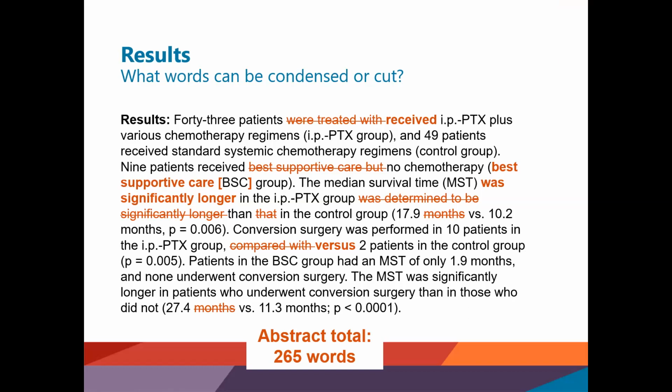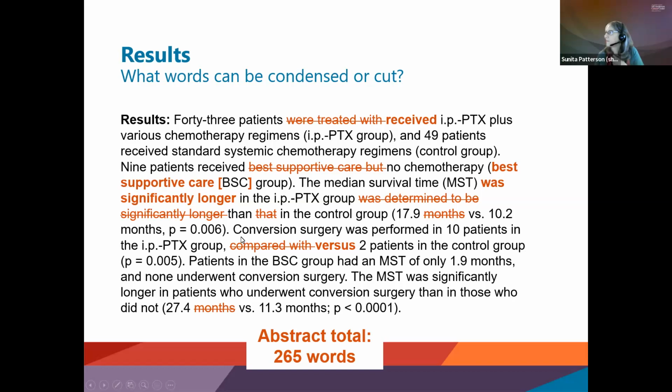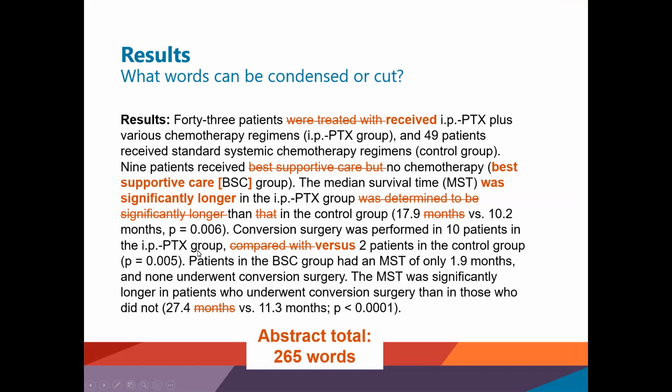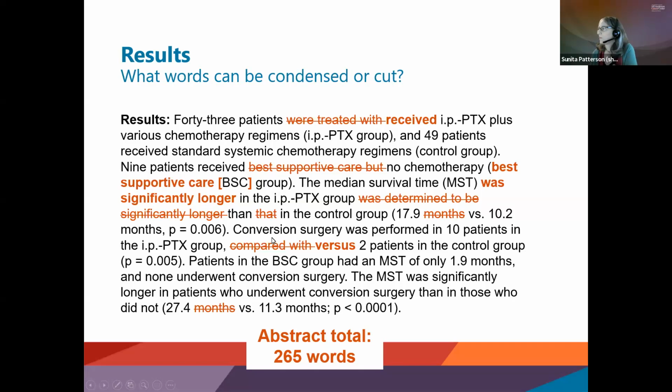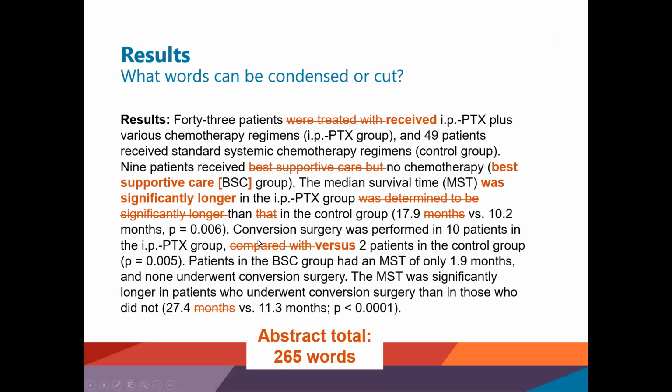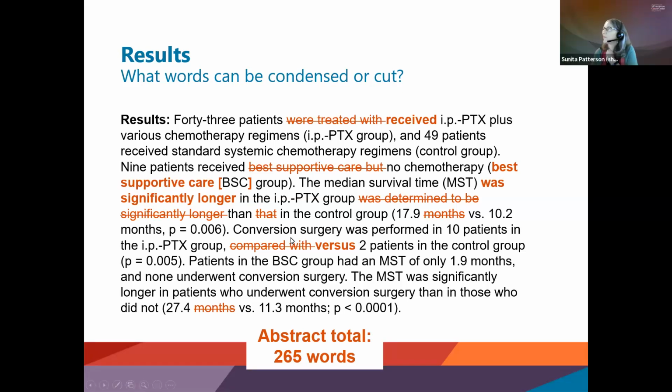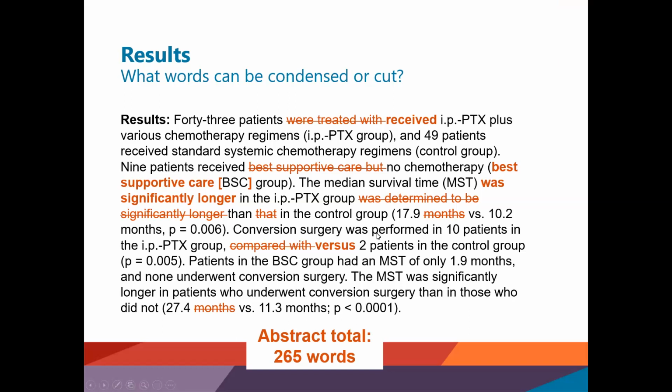Can we say that rather than saying conversion surgery was performed in 10 patients, can we say 10 conversion surgery patients in this group? In other words, I'm trying to say if we can remove the "was performed." So, in other words, there were 10 conversion surgery patients, in parentheses 10 in the PTX group versus 2 patients in the control group.